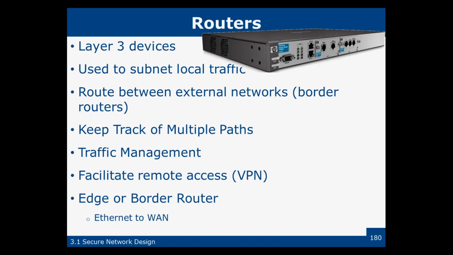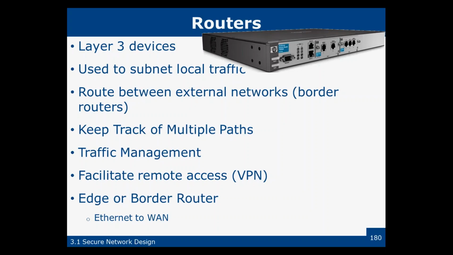We route between the external networks with border routers. A border router would be one that goes to the internet. These things keep track of multiple paths, and they select the best path. That's the traffic management. They select the best path to get from point A to point B. They frequently facilitate remote access.